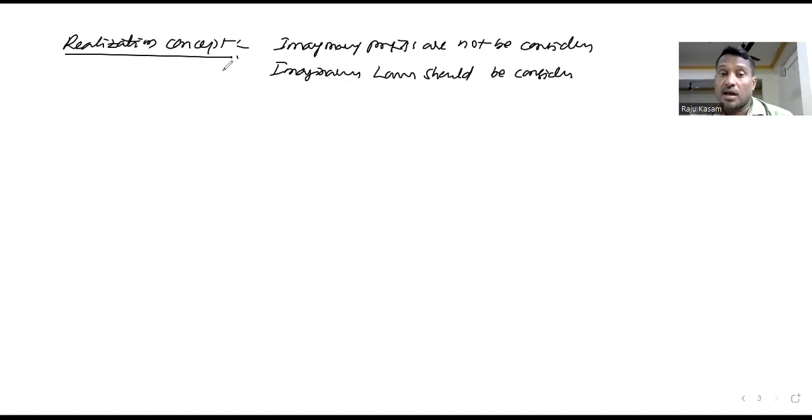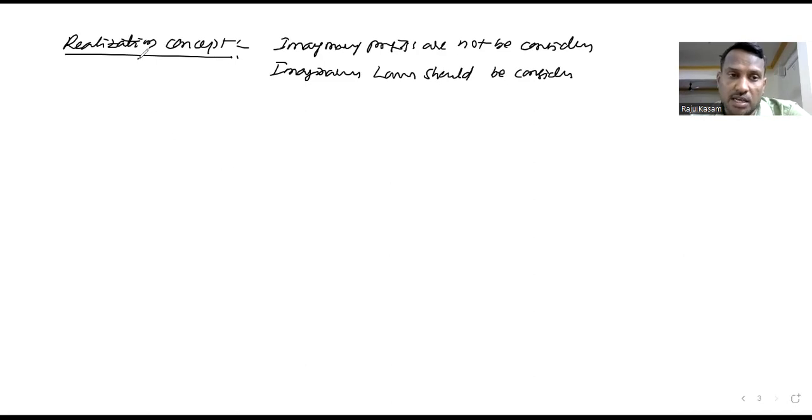And also, according to this concept, we should consider all anticipated losses, but anticipated profits are not to be considered. Imaginary profits are not to be considered; imaginary losses should be considered according to this realization concept. Okay, I hope you understand this concept.